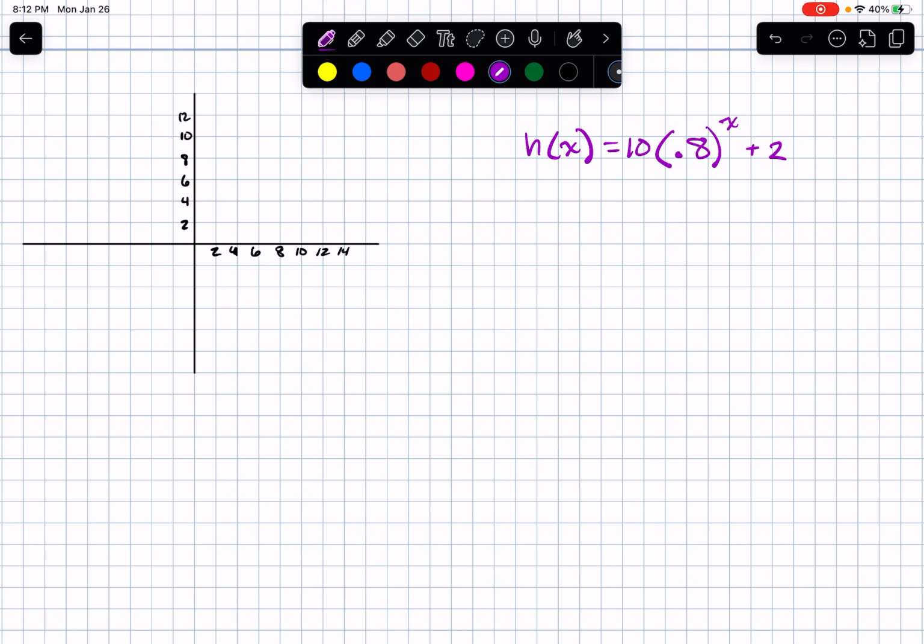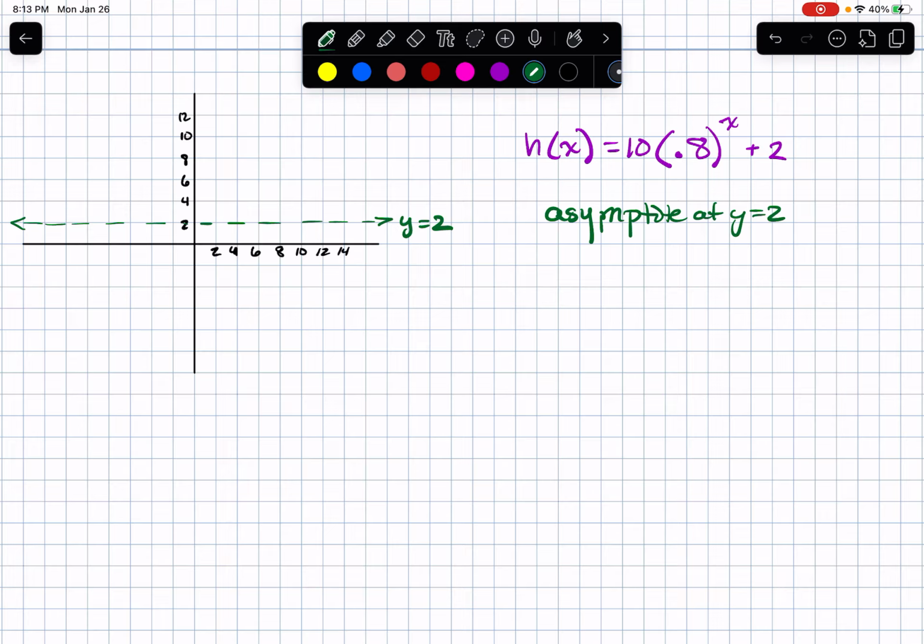So I have this graph. The first thing I want to do, I see an asymptote, so I'm going to put a dashed line there. The equation of my asymptote is y equals 2.